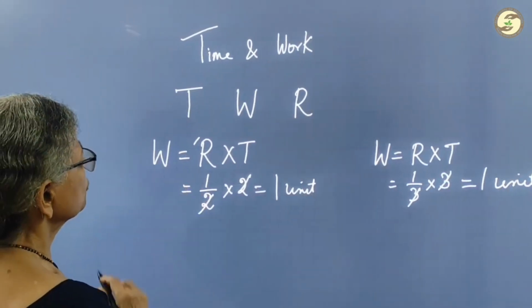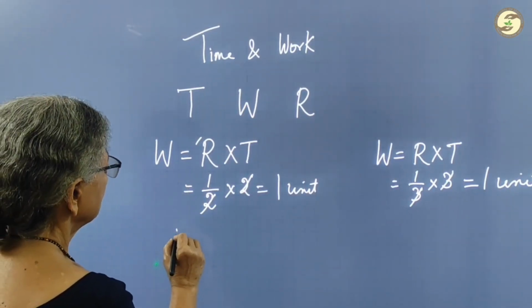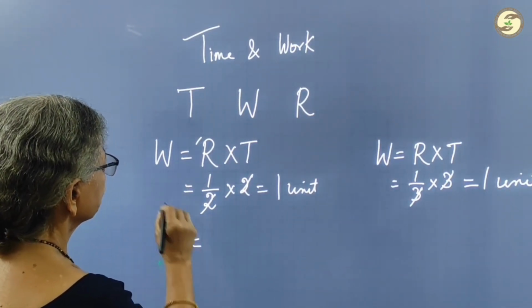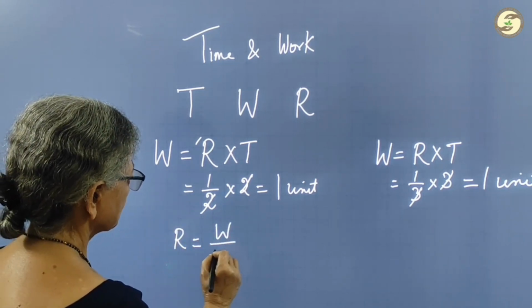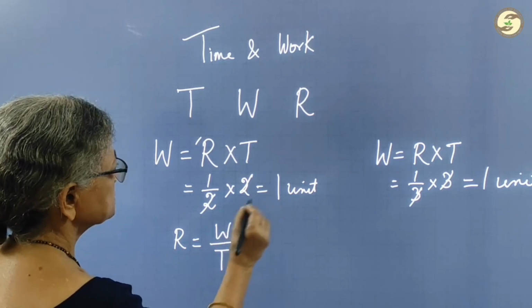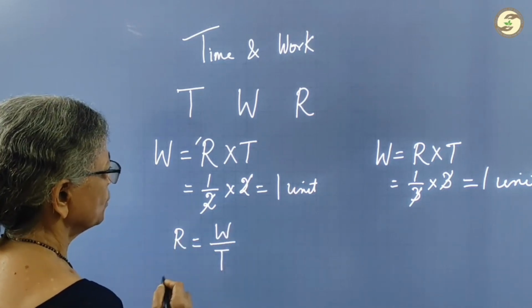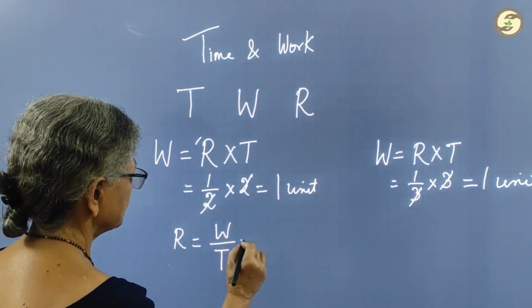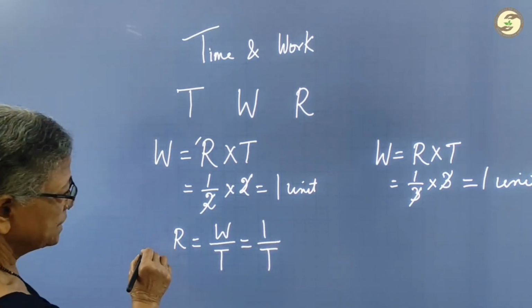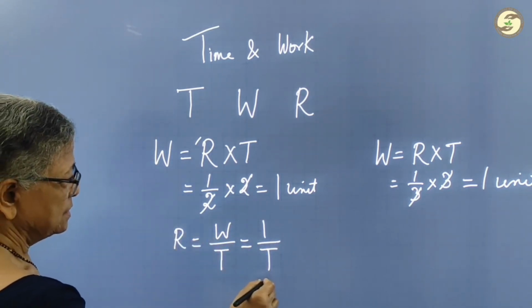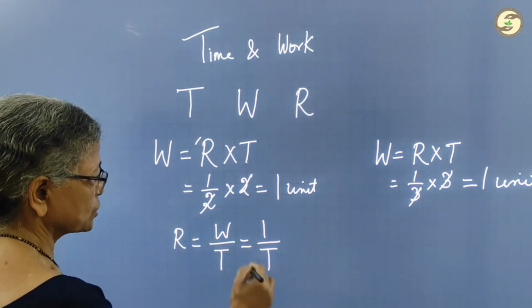So now to get R, we have to divide total work done by total time required. And as total work is 1 unit, so R is 1/T. Rate of work is inversely related to the total time.